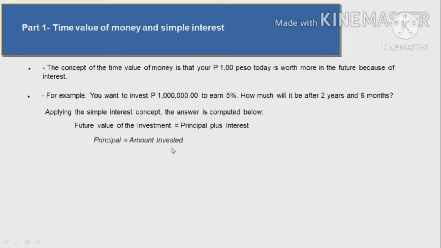The principal in this case is the amount invested. The interest is computed as principal times rate times time. But I would like to emphasize that whenever you are given a rate just like this one, the 5%, please assume that it is an annual rate unless otherwise specified. So let's compute first the interest.